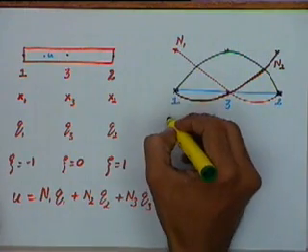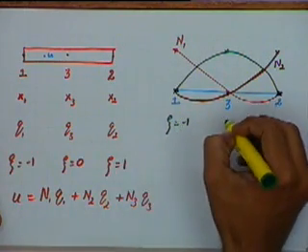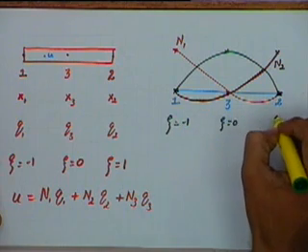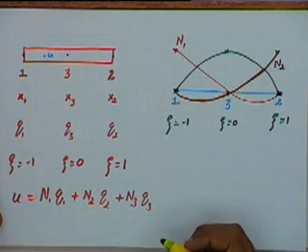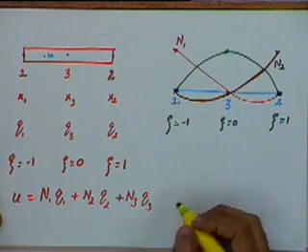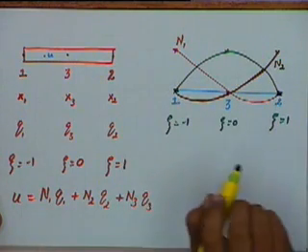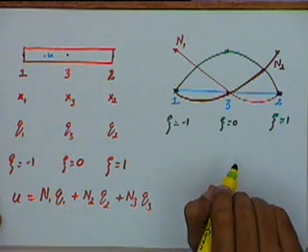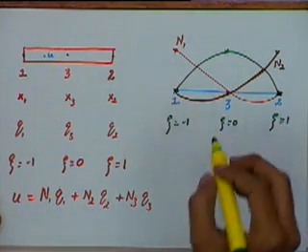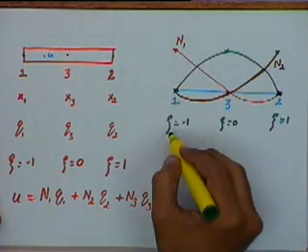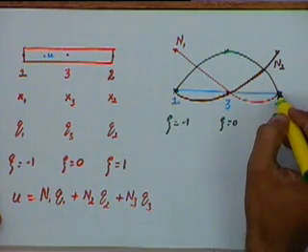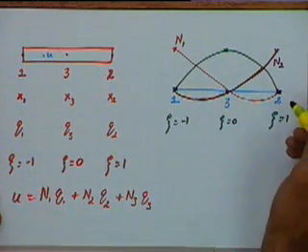Since at this point we have zeta equal to -1, zeta equal to 0 and zeta equal to 1, we will define n1, n2 and n3 in terms of this zeta. Again n1 is 1 at this point and 0 at both the other points, and it is a quadratic function.